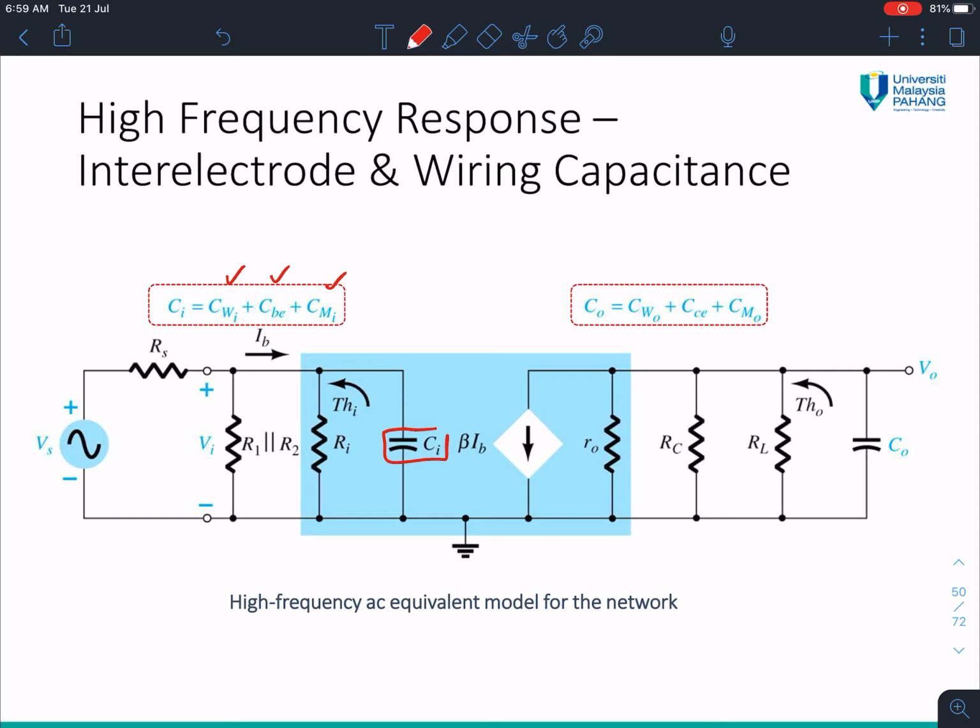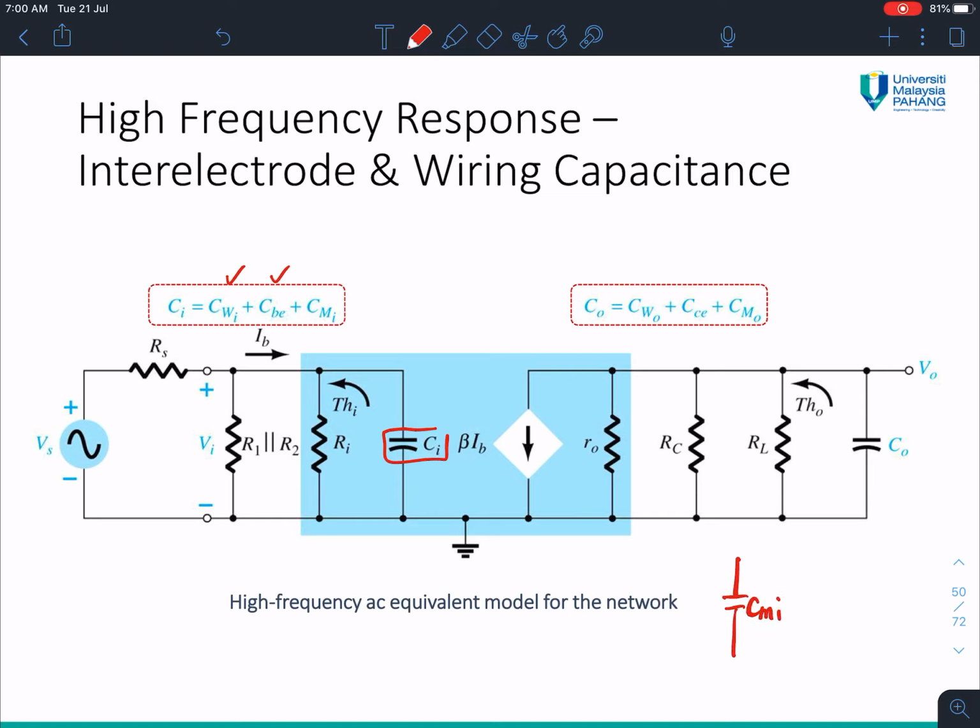It means that now the CBC is not here anymore because we already calculated the CM in. So I remove this CBC, and now the CM in is here, like this.